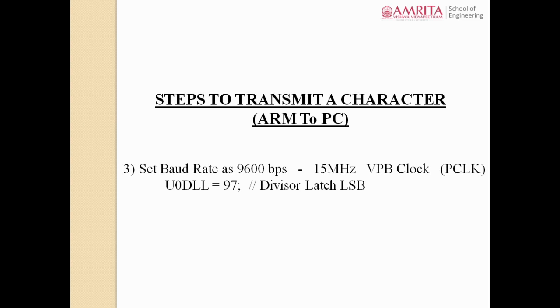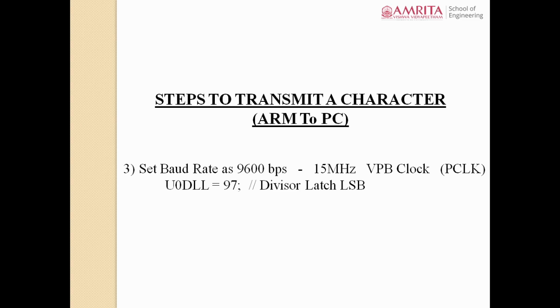And from that CCLK you are dividing by 4 in order to get the PCLK. So what you have configured is 15 megahertz. By default CCLK will be 60 megahertz if you are using a 12 megahertz crystal, and PCLK will be 15 megahertz. That means you are dividing CCLK by 4.